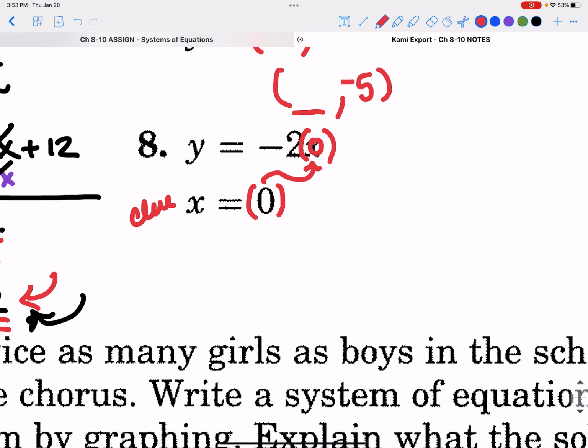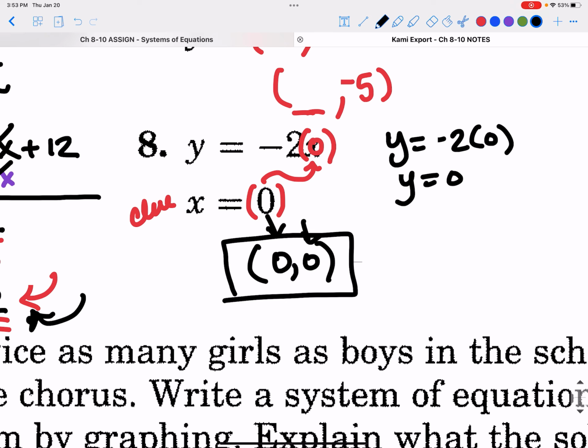I'm going to put a 0. So the equation I'm going to solve here is y equals -2 times 0, which we know is 0. So now I have a y equals and an x equals. I have everything I need to write my answer. X equals 0 and y equals 0. So my answer is the point 0, 0. So if I were to graph these two, they would crisscross at the origin.